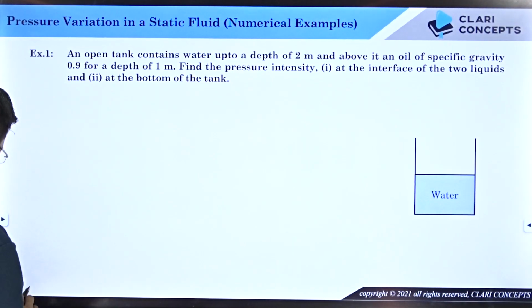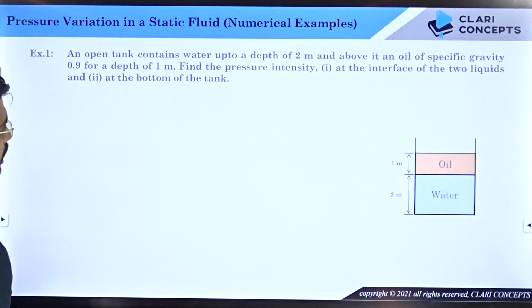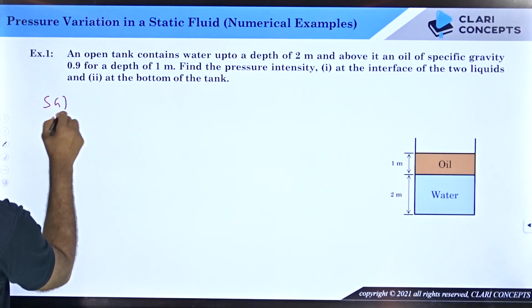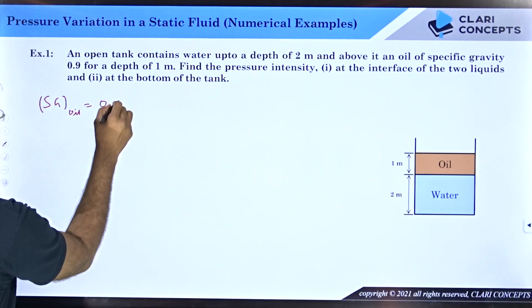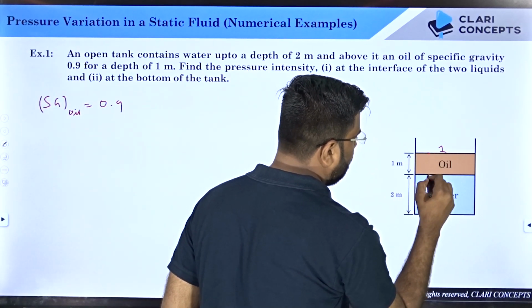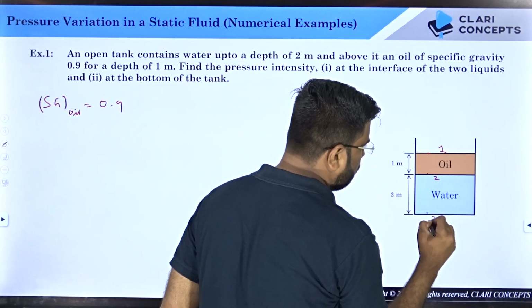So I'll take the example and I have the water and oil, and now I'll put the given data: specific gravity of oil as 0.9. Let's say this is point number 1, point number 2, point number 3.